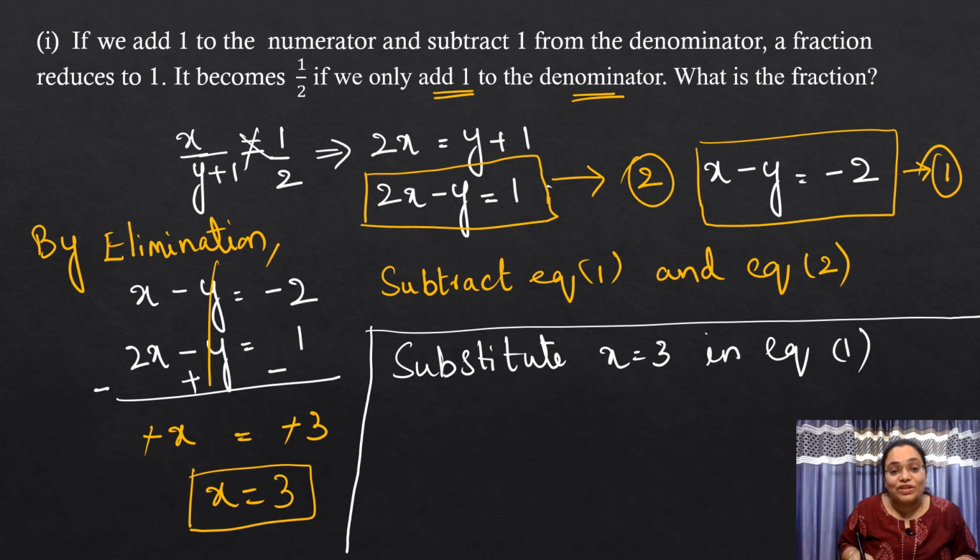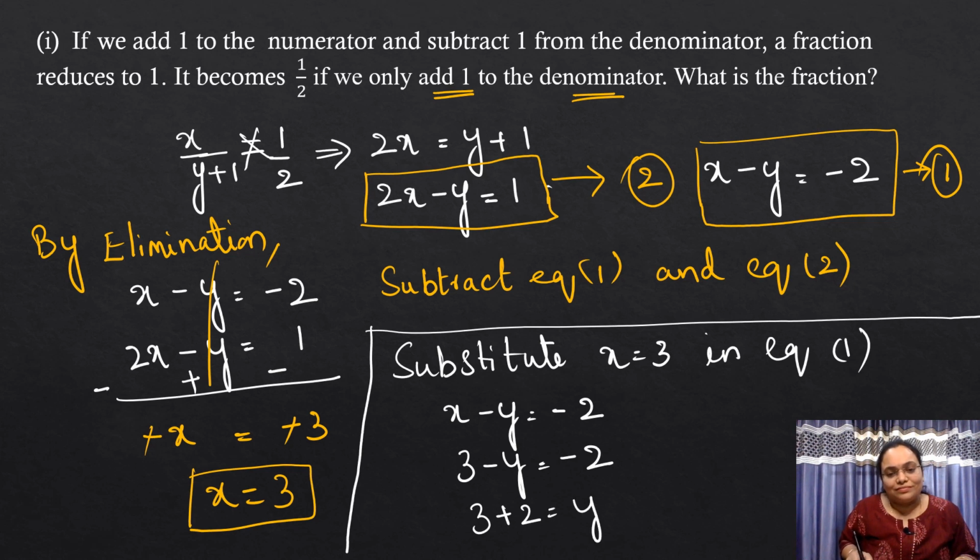So what is equation 1? x minus y is equal to minus 2. We know the value of x, that is 3 minus y is equal to minus 2. So from here you will get 3 plus 2 is equal to y. Now what is the value of y?